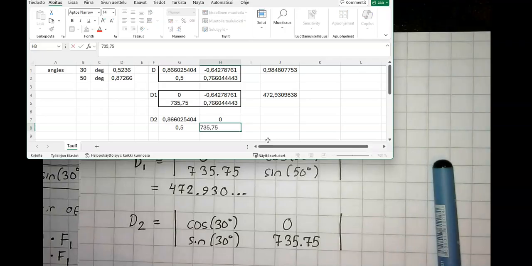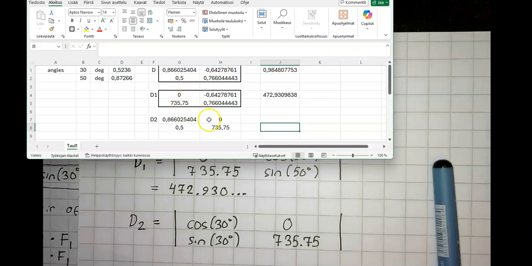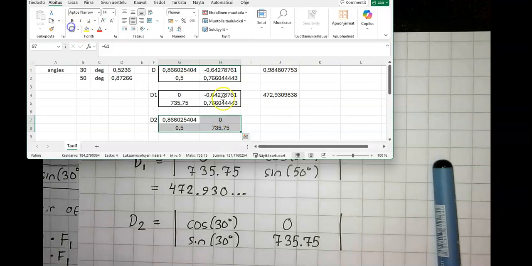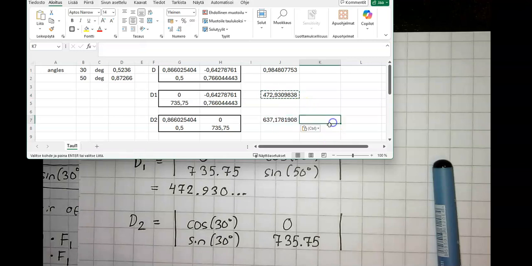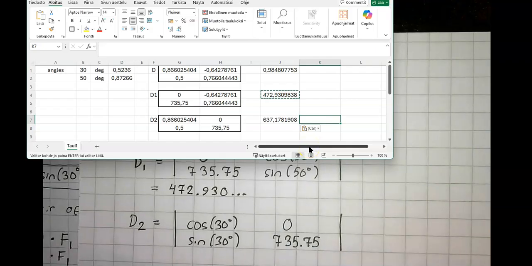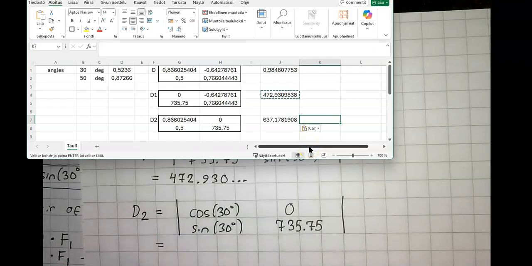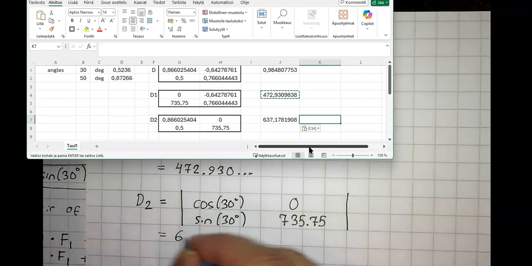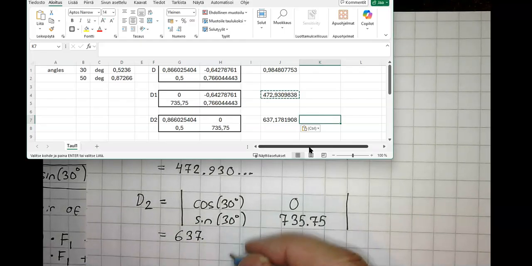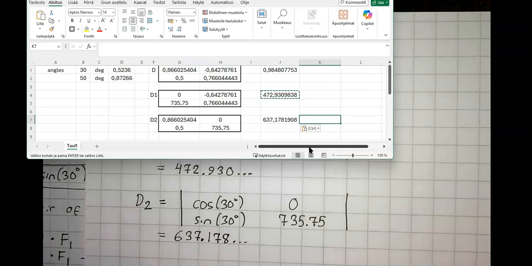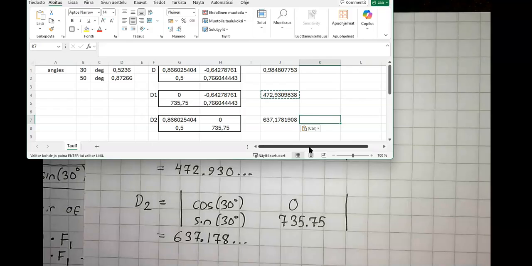Of course, it would be good if I had these values also in this Excel sheet, but I'm not going to do that right now. So this is the second determinant, and then I again copy this determinant formula there, and that gives us the value of that D2, 637, etc.